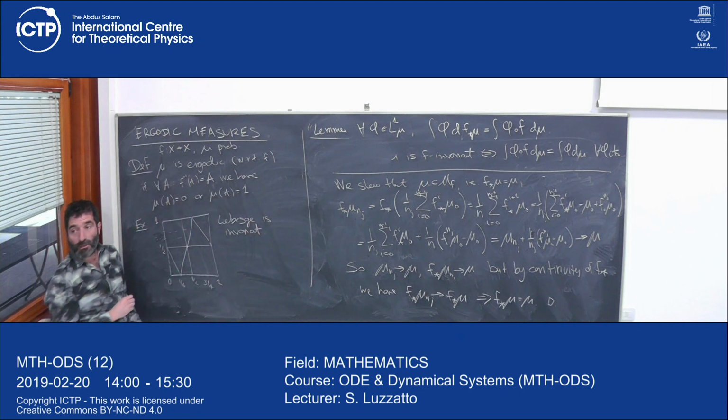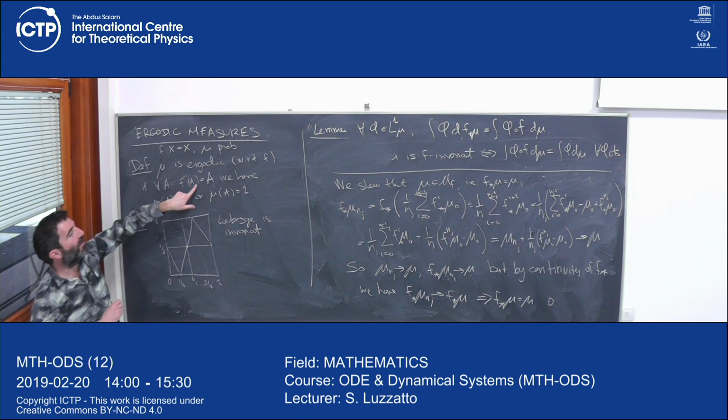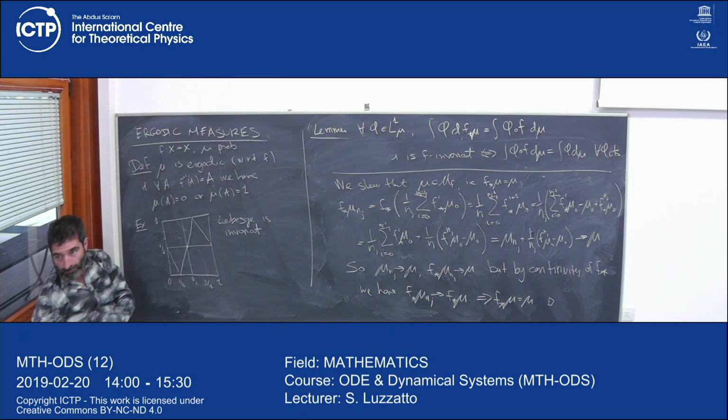But it's not ergodic. Why is it not ergodic? So what this means is that the negation of this statement is that there exists a set A where f minus 1 of A equals A, which has measure strictly between 0 and 1. 1/2 to 1.